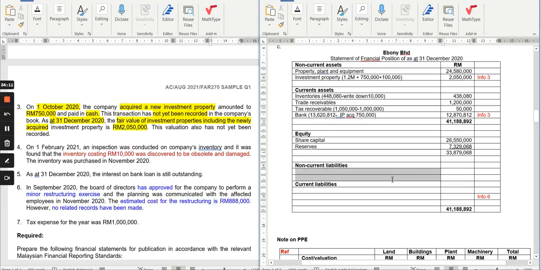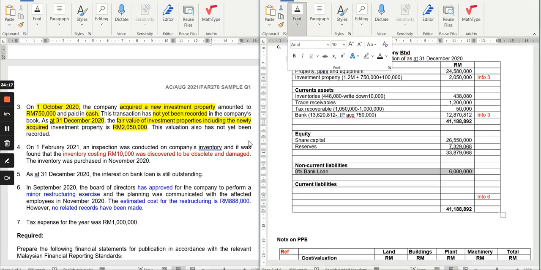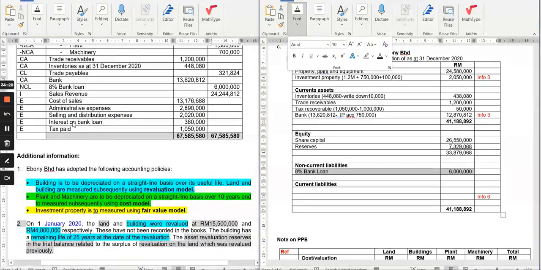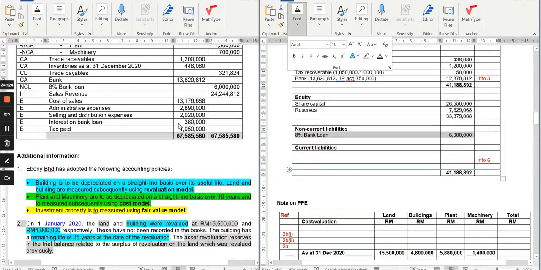Then you go on looking at the non-current liabilities. Your non-current liabilities is just your bank loan, 6 million, no other additional loan, no loan that has been repaid. If there are loans being repaid or any additional loan, you may have to also consider that.